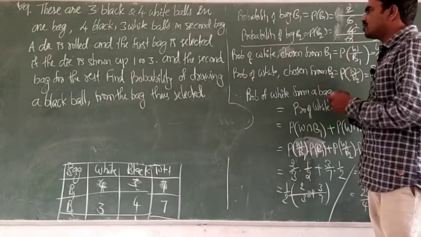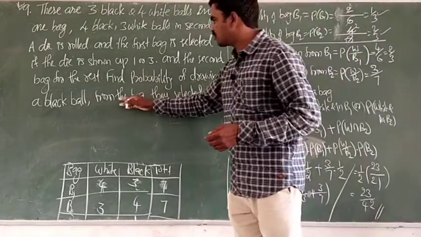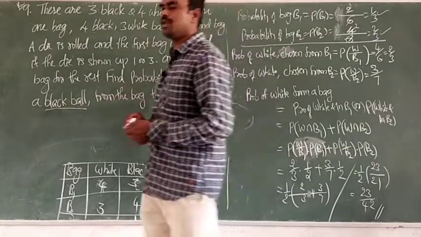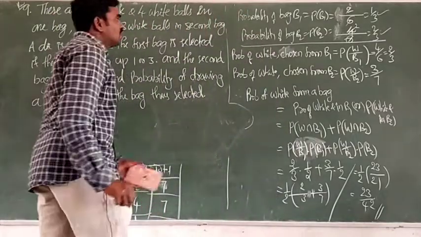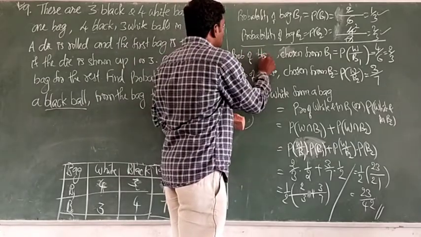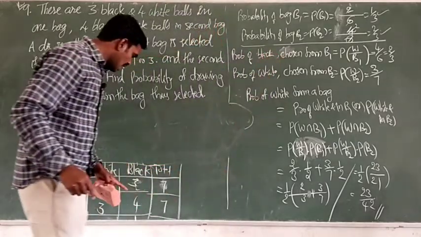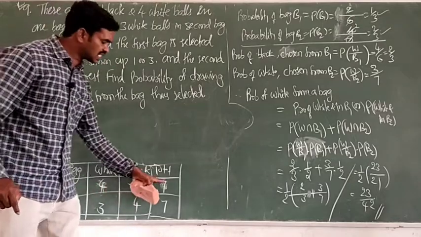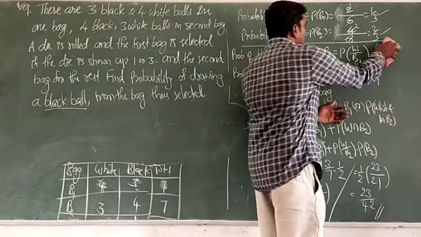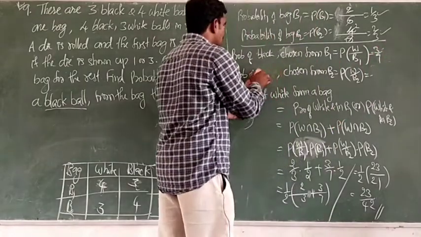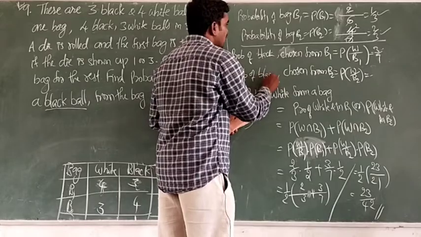Next, as usual, the question asks for which ball, black or white? Black ball. So we write probability of black chosen from bag B1. There are 3 black balls in B1, so 3 by 7. The second condition is black chosen from bag B2.